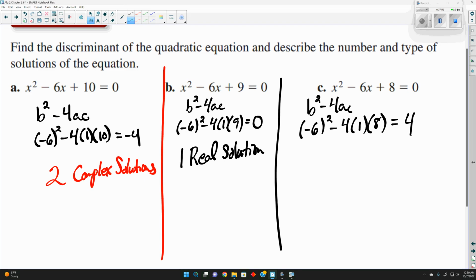So since this value is greater than 0, we have how many solutions? 2. We say 2 real solutions because the value of b squared minus 4ac is greater than 0.